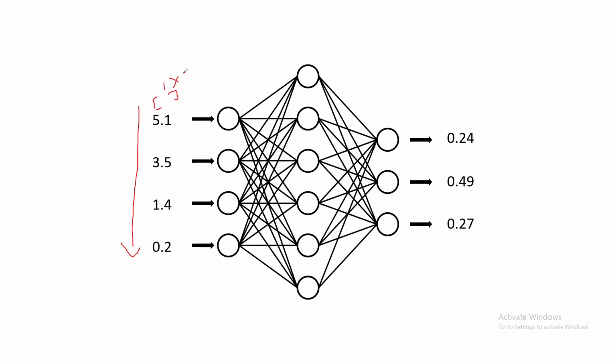cross 4, which is going to be multiplied by a matrix of 4 cross 6. Correspondingly, you'll be getting 1 cross 6, which will again be multiplied by 6 cross 3, and then finally you'll be getting these three values. These three values will be normalized.